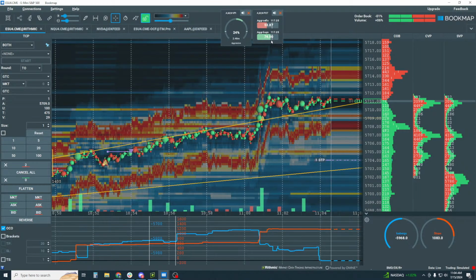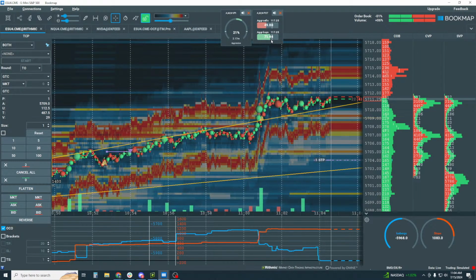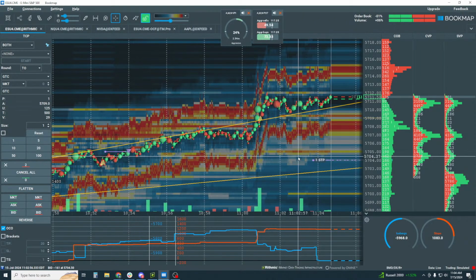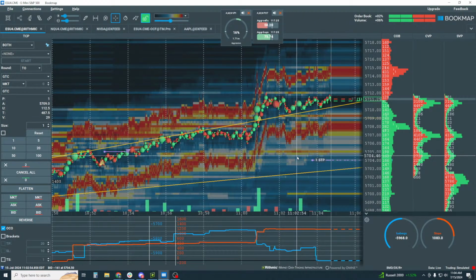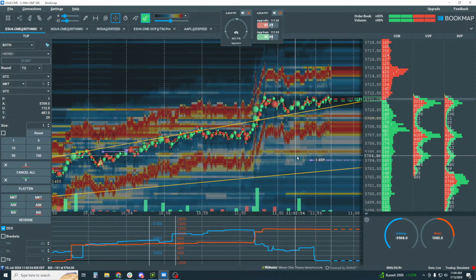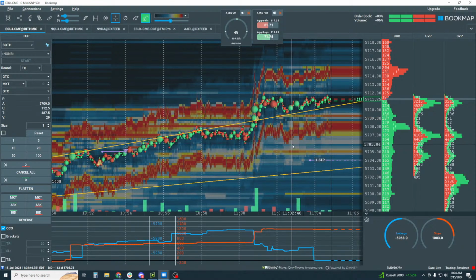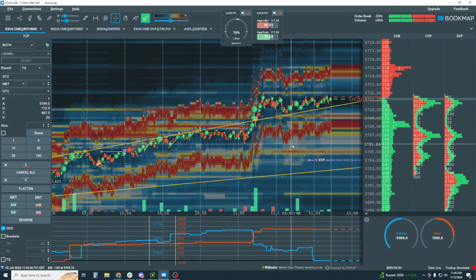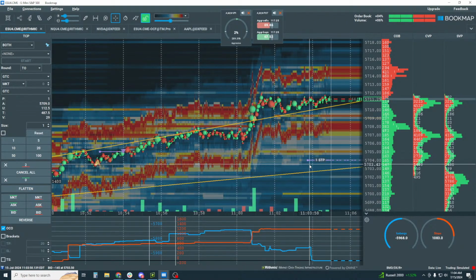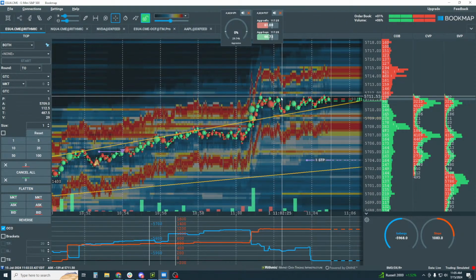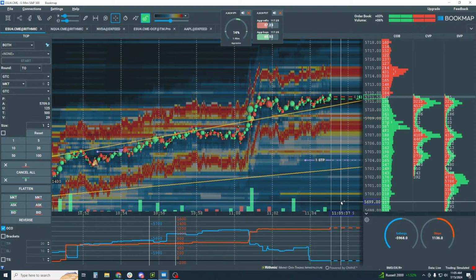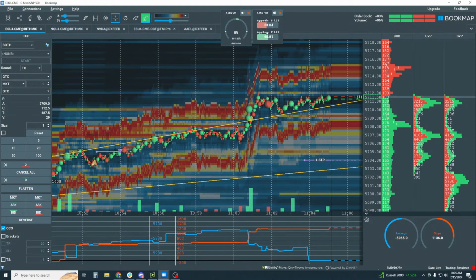I'd love to see this pick up a bit more. And let's see if we can get this move here. Okay, more buying, at least in the ES here. Now, stocks haven't told us much yet.